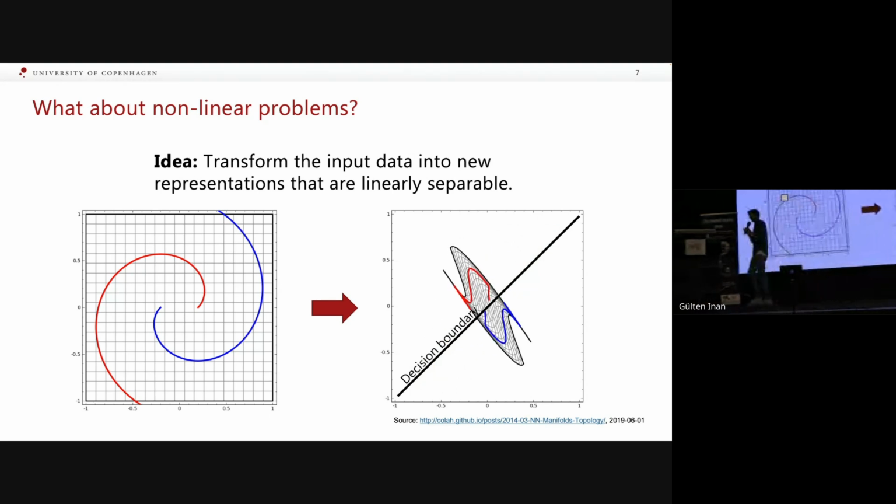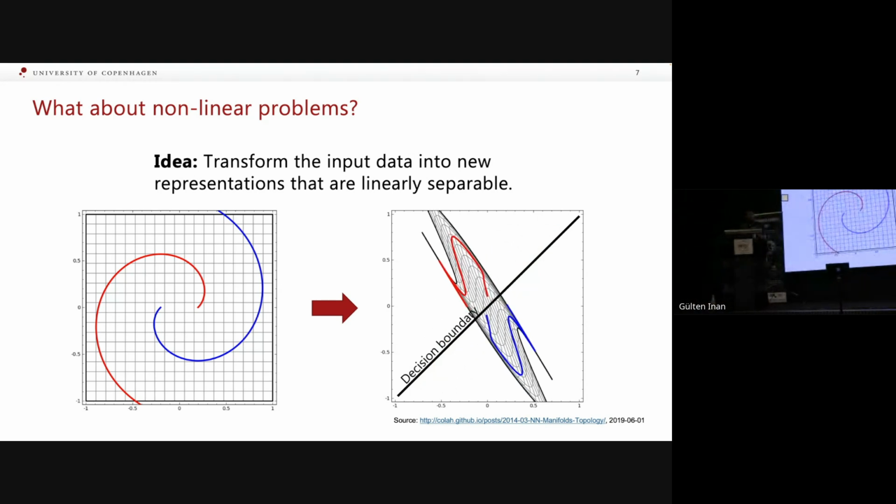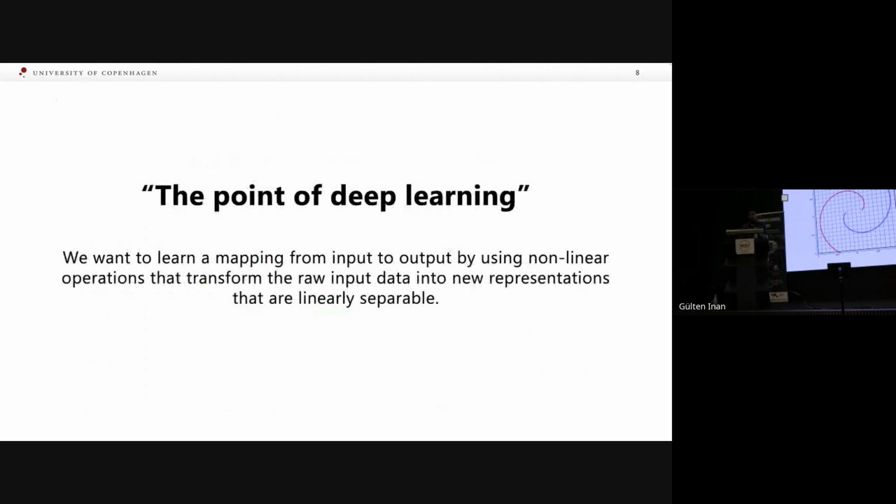So for me, that was several years ago, I think, a click moment when I read this sentence, that the point of deep learning is basically to learn how to project your raw data into a new space such that it becomes linearly separable. And for me, that was very useful to understand intuitively what is actually going on there.